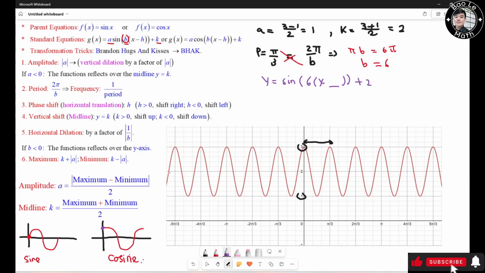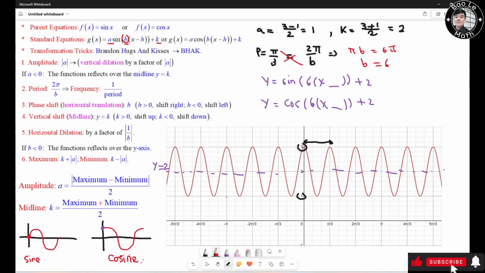Don't forget to sketch the midline y equals 2. Now I can write y equals cosine of 6 parentheses, leave the blank, close parentheses, plus 2. Now I need to find the phase shift and I put it over here and I'm done.